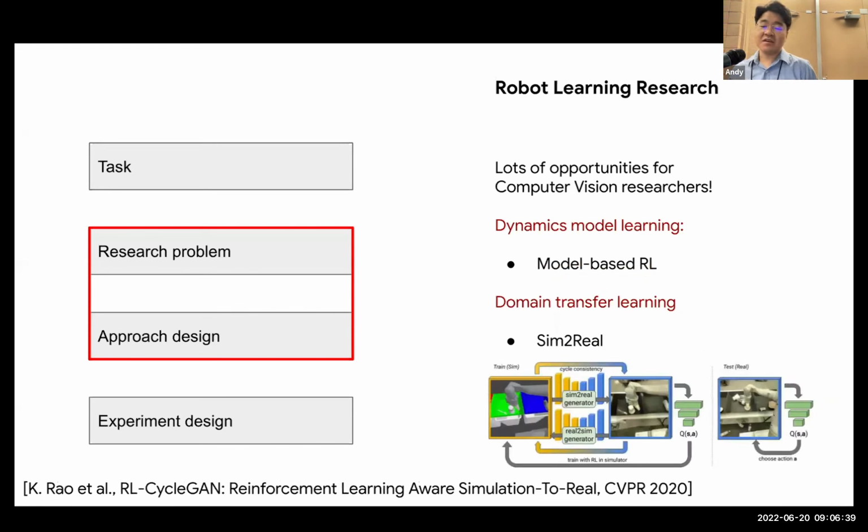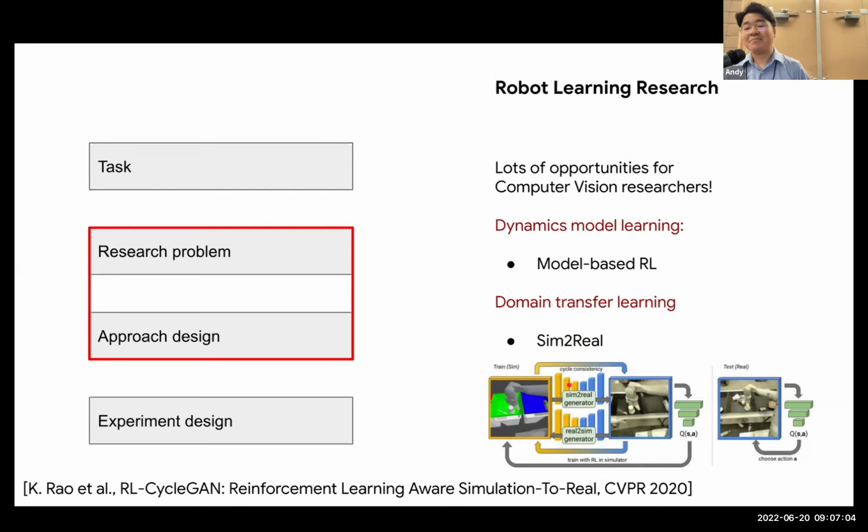Another immediate thing is about sim to real. There is a gap between simulator and real-world robots, but we ultimately want to benefit real-world robots. Meaning that we have lots of training data in sim, and we want to transfer that to real-world robots. And as computer vision researchers, we have this research area of domain transfer learning.